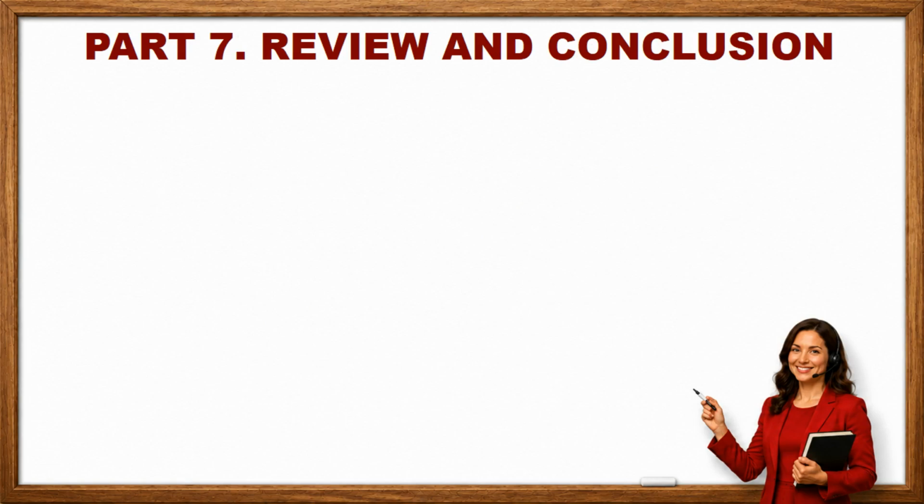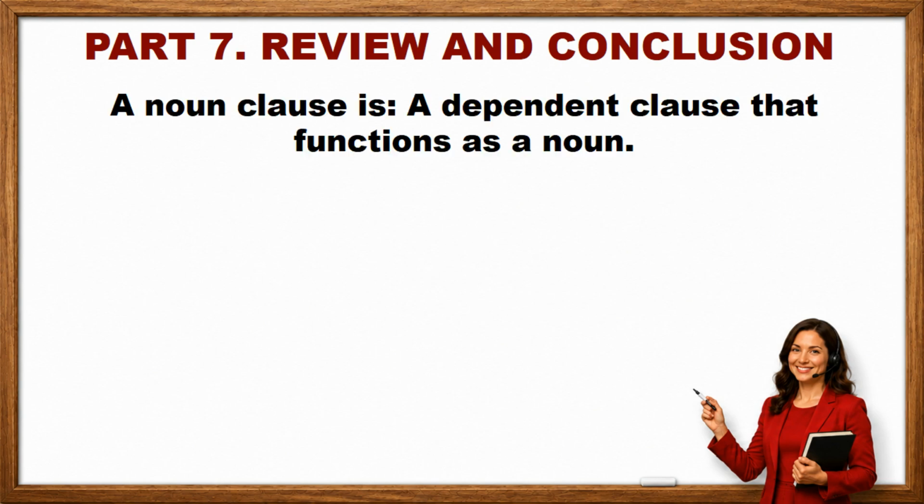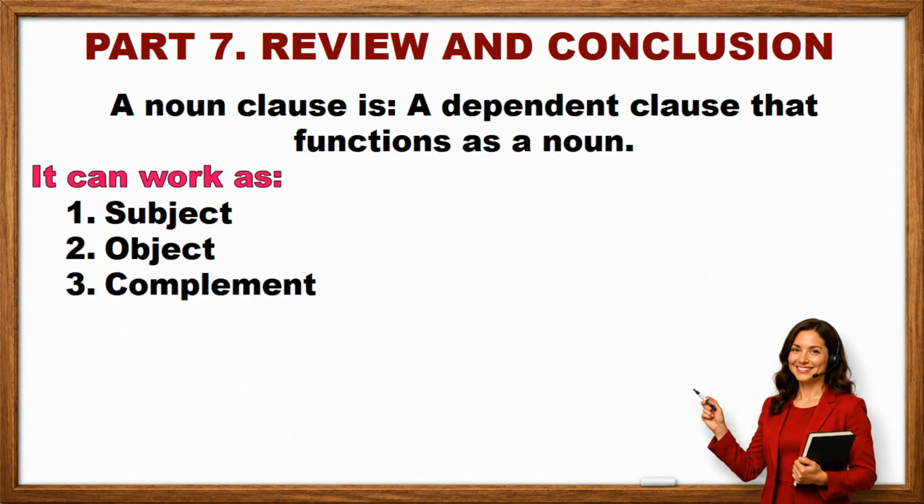Part 7. Review and conclusion. Let's review. A noun clause is a dependent clause that functions as a noun. It can work as 1. Subject, 2. Object, and 3. Complement.